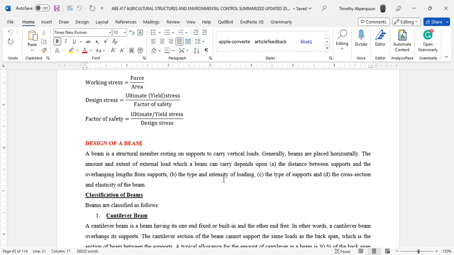The amount and extent of external load which a beam can carry depends upon: A, the distance between the supports and the overhanging length from supports; B, the type and intensity of load; C, the type of supports; and D, the cross section and elasticity of the beam.